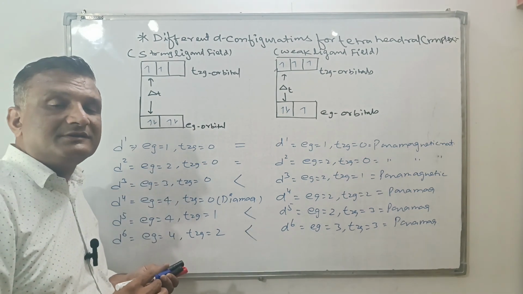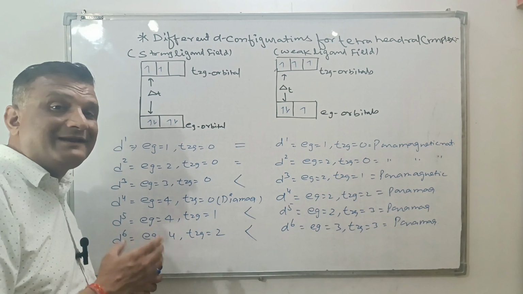This was about the different electronic configurations from d1 to d10.